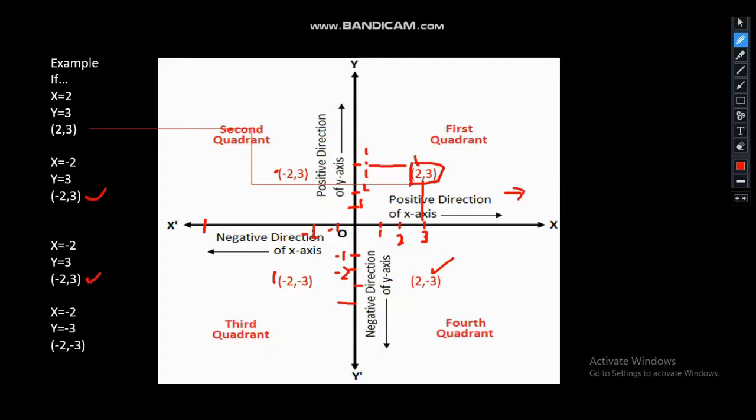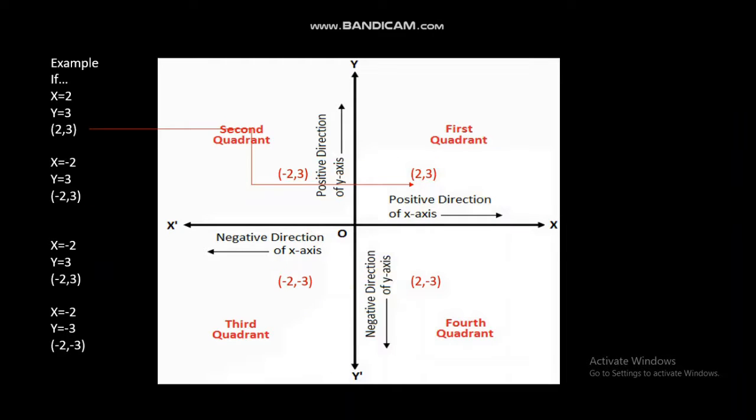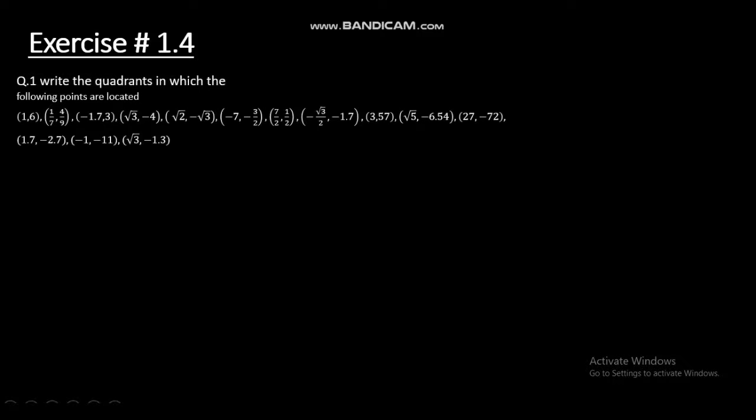Now we will move to the next questions, the exercise. Okay, let's move to the exercise. So exercise 1.4, question number 1. Write the quadrant in which the following points are located. So here are some points, for example (1, 6).